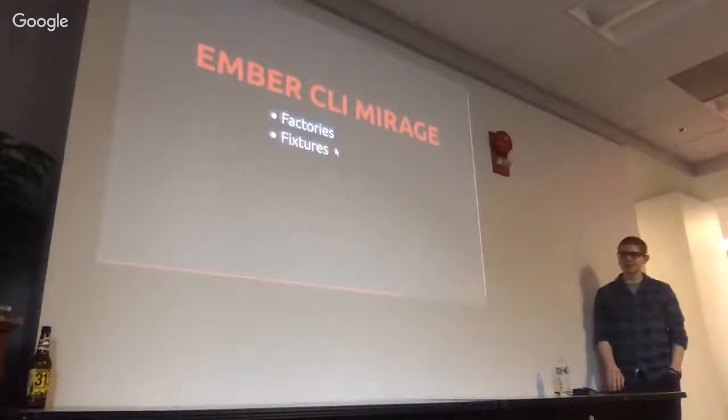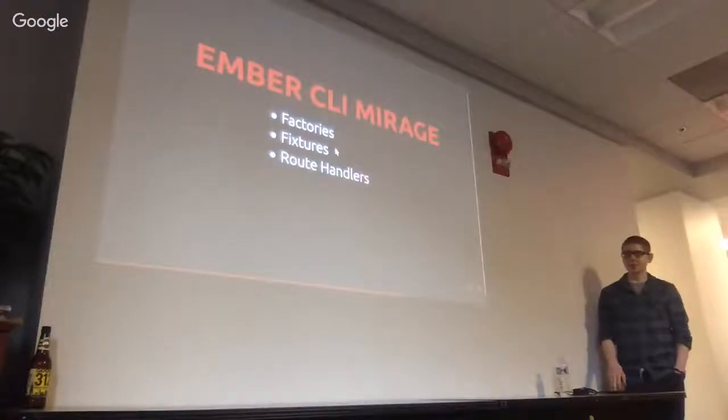It gives us things like factories, so if you have a data model and your data model has different properties, you can have factories that can be used for generating fake data, and they can take custom functions for making that data generation dynamic. They can take a lot of really cool features built into Mirage. There are things like traits.